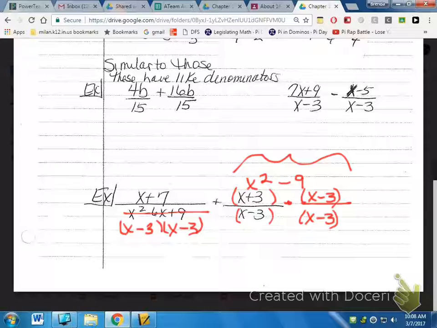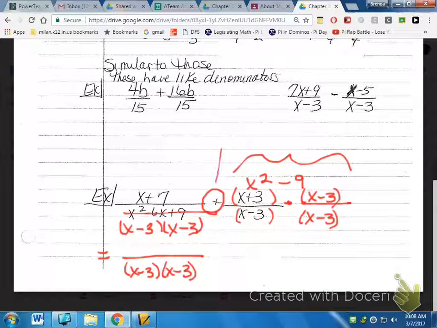Okay, so here's what has to happen at this point. So I'm going to put my equal sign down here. My denominator is going to be x minus 3 and x minus 3. Go ahead and leave it in its factored form. My numerator, and I'm noticing that this is plus, thank goodness, I want to put that in standard form.